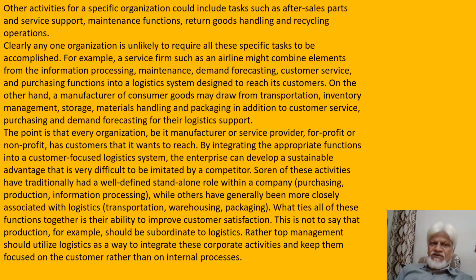For example, a service firm like an airline might combine elements for the information process, maintenance, demand forecasting, customer service, and purchasing function into a logistic system designed to reach its customers. On the other hand, a manufacturer of consumer goods may draw from transportation, inventory management, storage, material handling, packaging, and all. That's how it talks about the concepts.